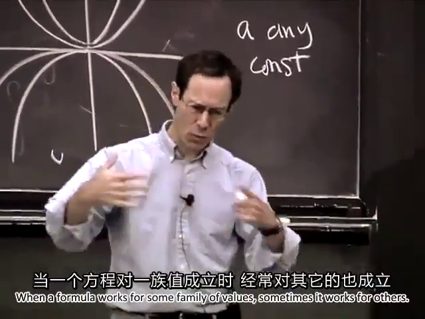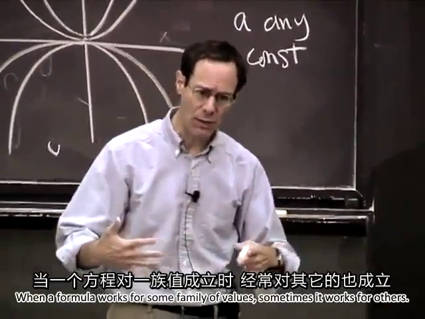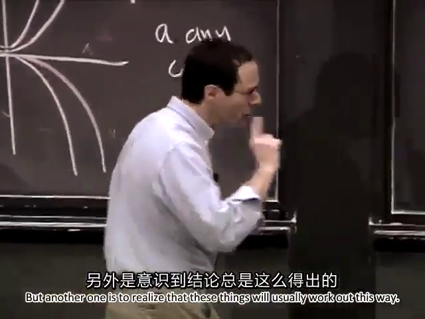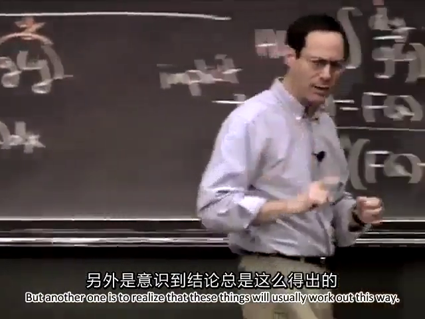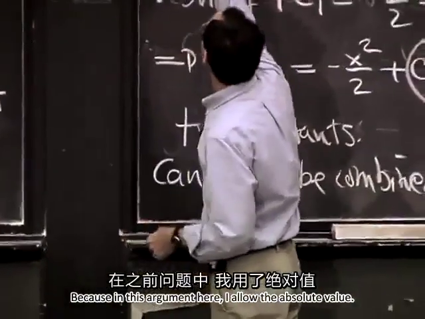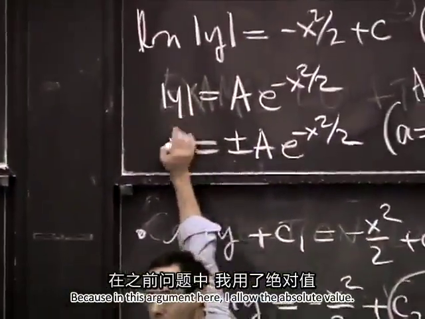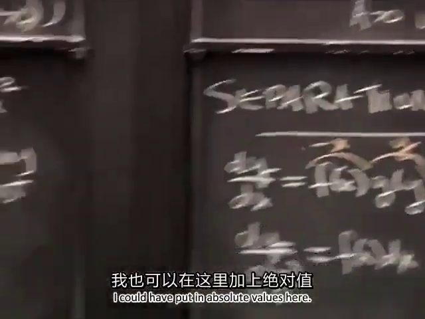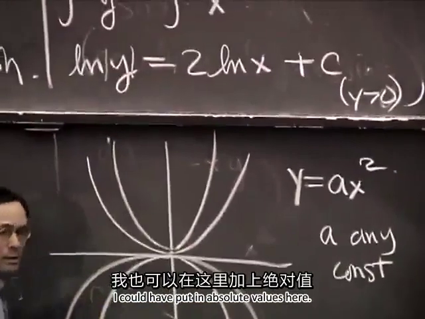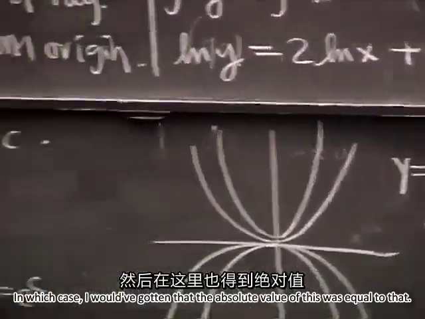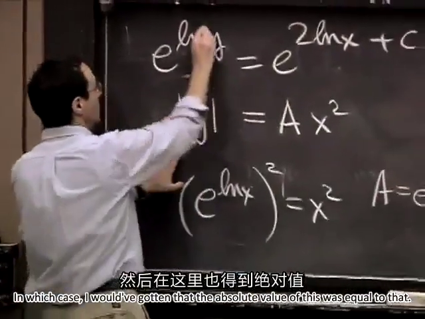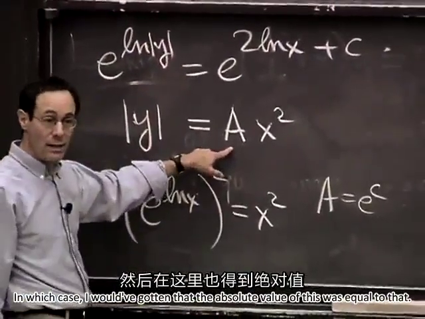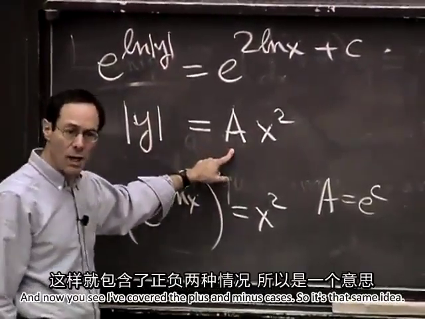When a formula works for some family of values, sometimes it works for others. But another is to realize that these things will usually work out this way. Because in this argument here, I could have put in absolute values, which would have been a perfectly legal thing to do. In which case, I would have gotten that the absolute value of this was equal to that. And now you see I've covered the plus and minus cases.